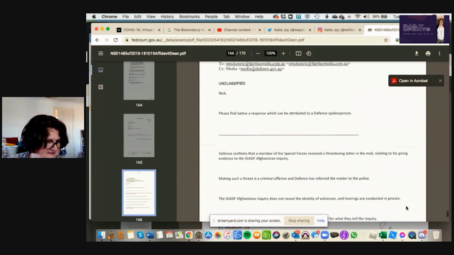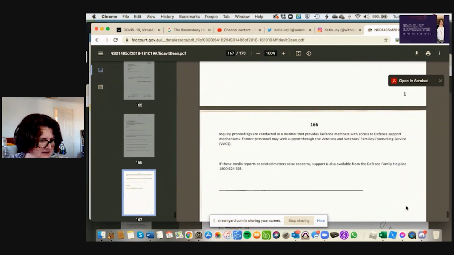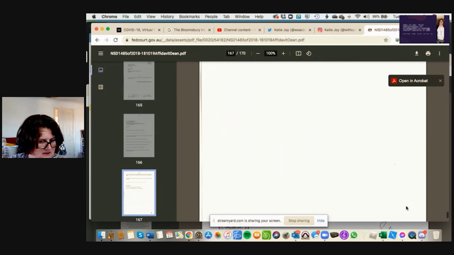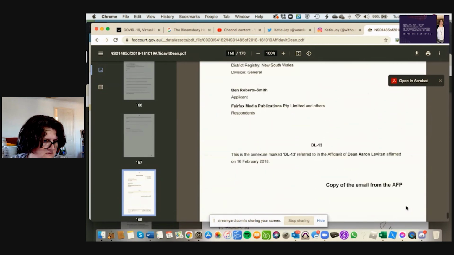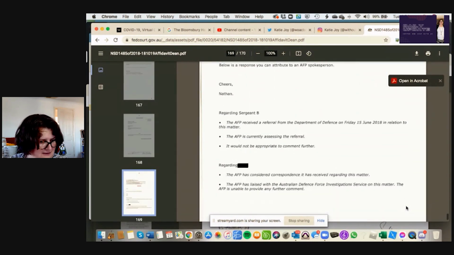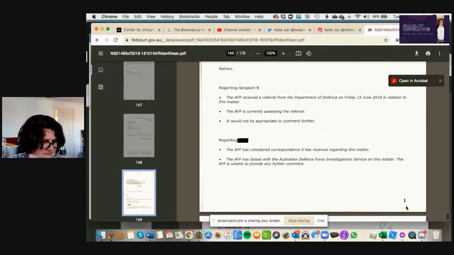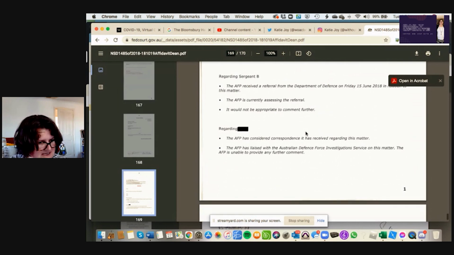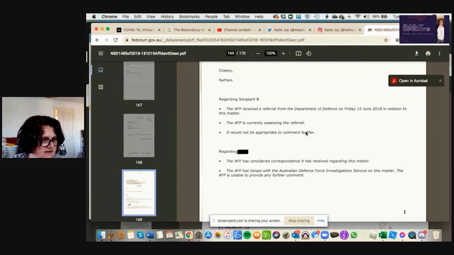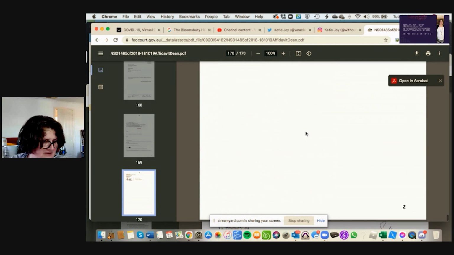So this is a copy of the Defence Department statement. This is unclassified. We confirmed that, yes, they did have something happen. So this is the copy of the email from the AFP, unclassified. And again, they redact. So regarding Sergeant B, that's from the AFP.